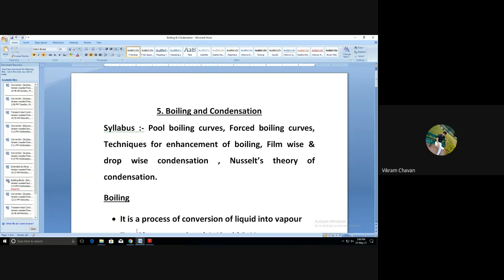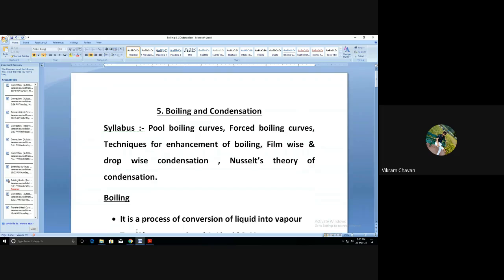The temperature at which a substance changes its phase, that particular temperature is called the saturation temperature. And the saturation temperature has one condition.